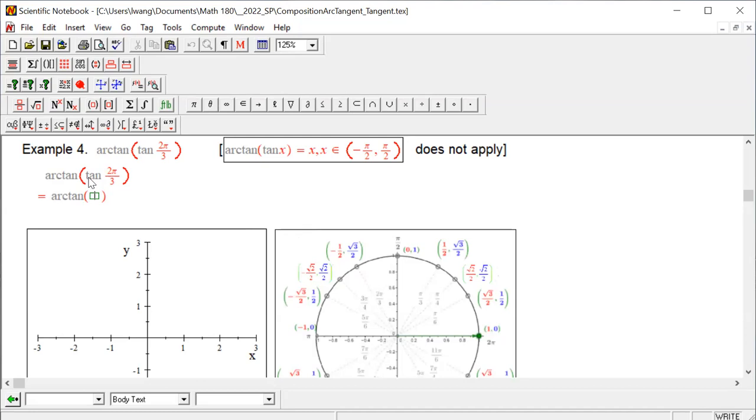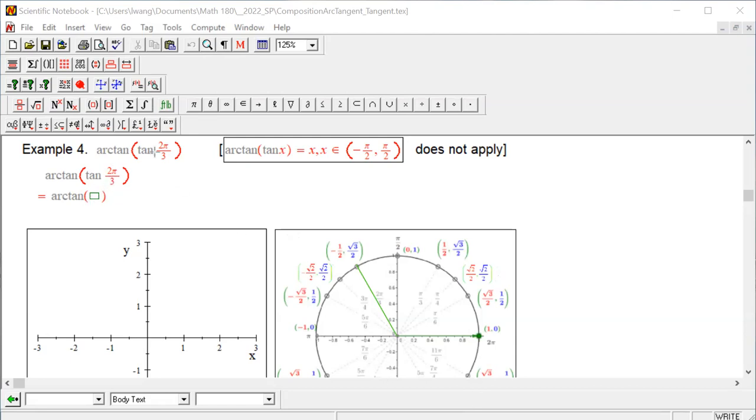So how do we deal with tangent of 2 pi over 3? Well, the old way, and it's a special angle, obviously. We measure from standard position, terminating at 2 pi over 3 on the unit circle, and we get a blue number and a red number.